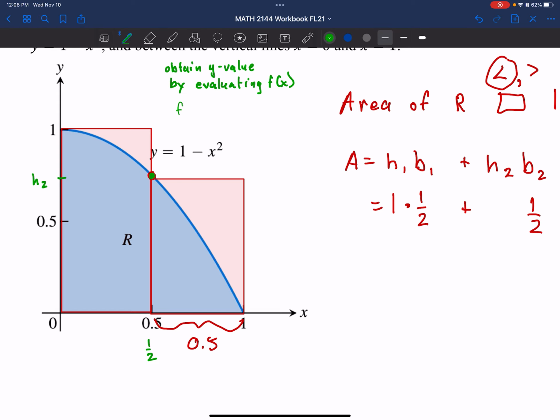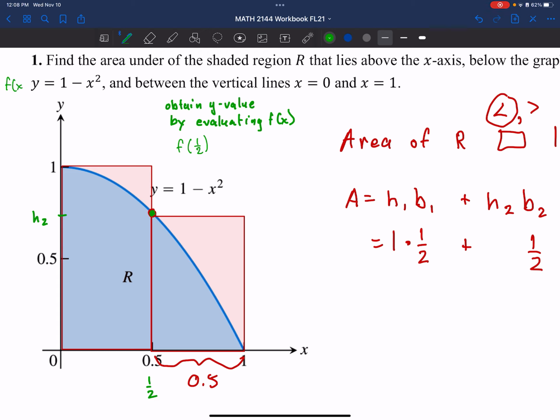So if we did f of 1/2, treating this as our function f of x, we get 1 minus 1/2 squared, which is going to be 1 minus 1/4, or 3/4. So this is just going to be the ordered pair 1/2, comma, 3/4. So this right here, the height of the second rectangle, is 3/4.